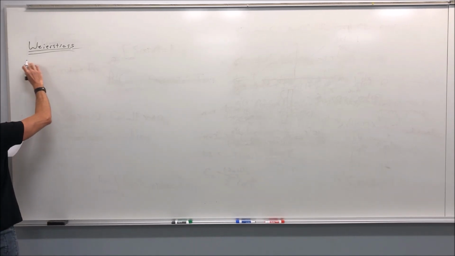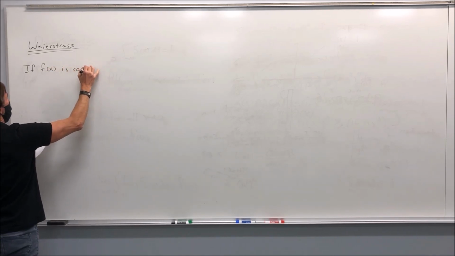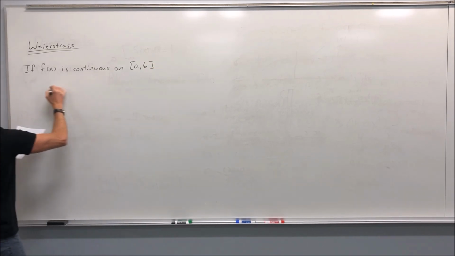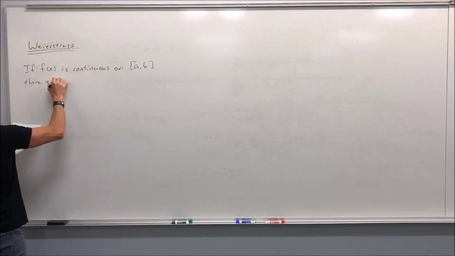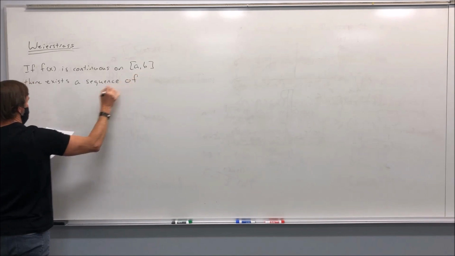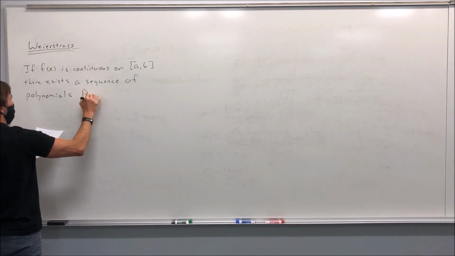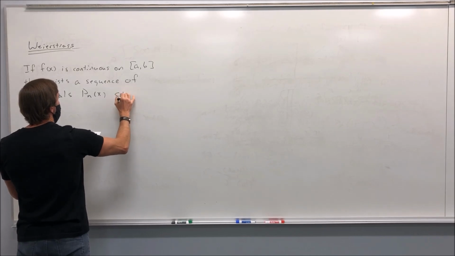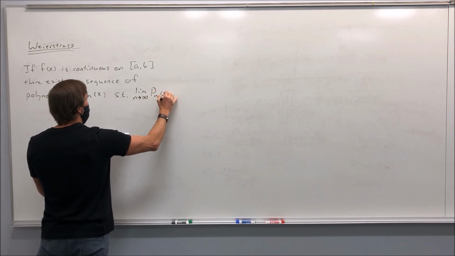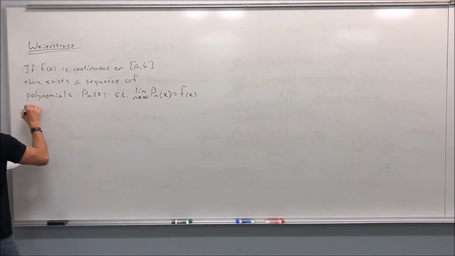And here is a theorem. If f of x is continuous on the closed interval from a to b, there exists a sequence of polynomials, which we'll call P n of x, such that in the limit as n goes to infinity, the limit of the sequence is the function f of x uniformly.